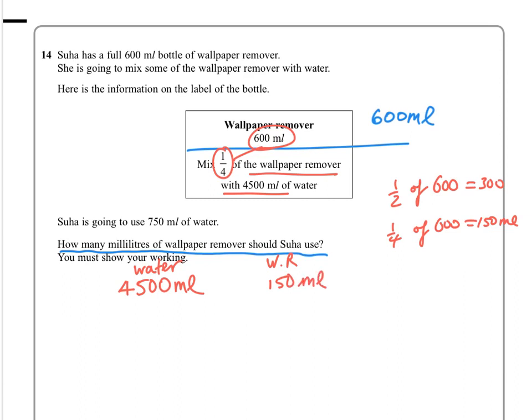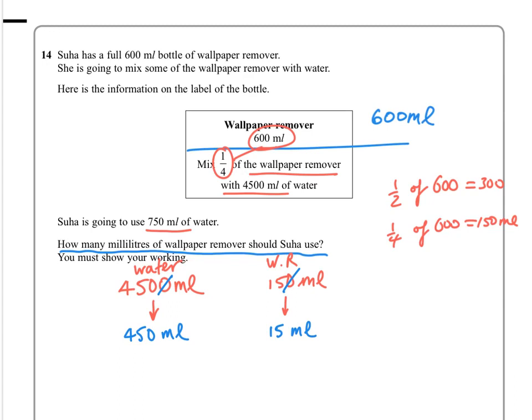So that I think is going to help me a great deal now, because I've basically got to have 750 mils of water, so I've got to somehow make this into 750, and whatever's left here will be the answer. I think the first thing I would do to both sides is divide by 10, and that would give me 450 mils of water for every 15 mils of wallpaper remover.